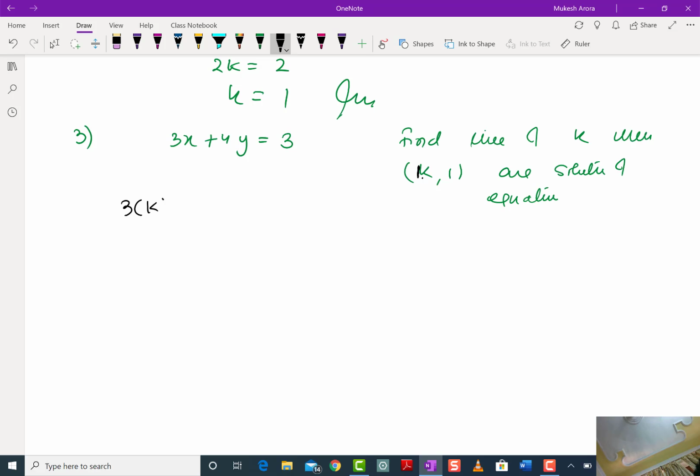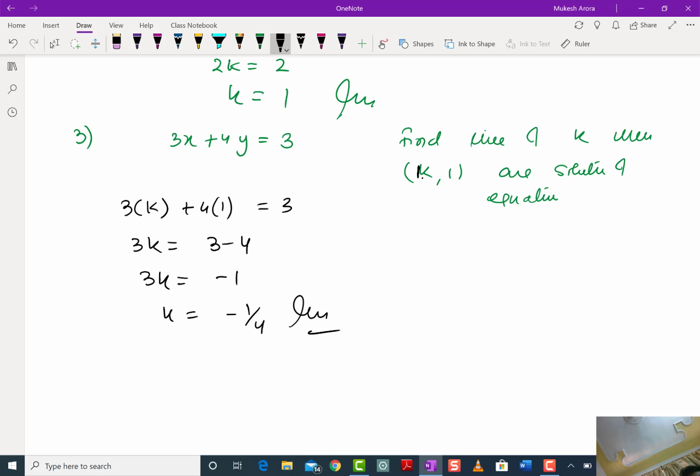So 3k plus 4 into 1 is equal to 3. 3k is equal to 3 minus 4. 3k is equal to minus 1. K is equal to minus 1 by 3. Meaning you can get fractions also. It is not necessary that you will get the value in integers only.